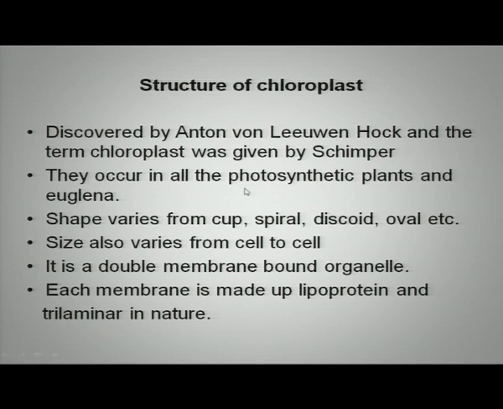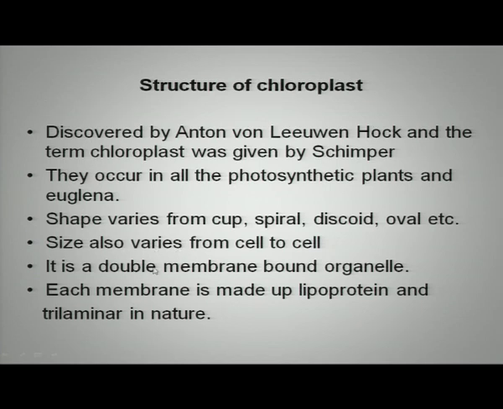They occur in all the photosynthetic plants and even in euglena also. Their shape varies from cup shaped, they may be spiral, discoid, oval or reticulate. In short, their shape can vary. Similarly, the size will also vary from cell to cell.